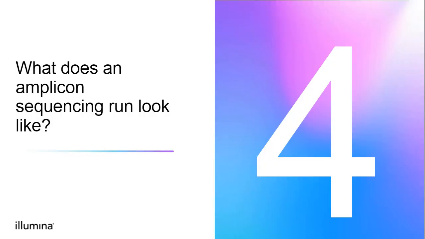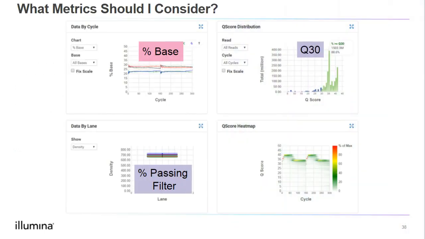Now that we've discussed how to prepare libraries, let's proceed to sequencing, and we'll take a look at what an amplicon sequencing run looks like. First, let's discuss the 3 main metrics we'll be considering to evaluate these sequencing runs. The first is percent base. This will tell us the percentage of A's, T's, C's, and G's in each cycle of the sequencing run.